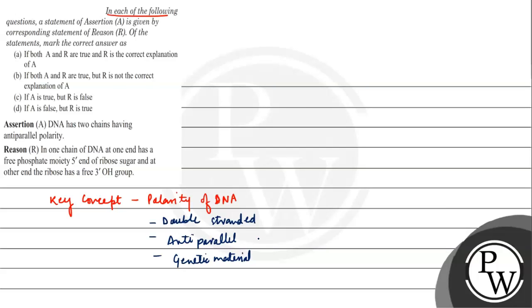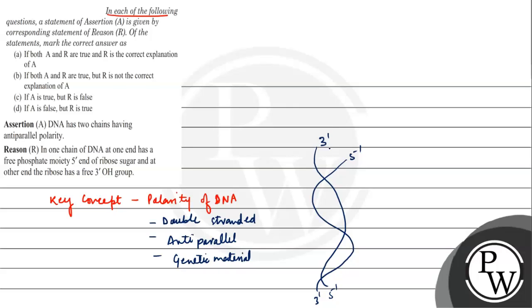What does this anti-parallel mean? Anti-parallel means, suppose this is the DNA, and this is 3 prime and this is 5 prime. So this will be ending here, 3 prime and 5 prime.